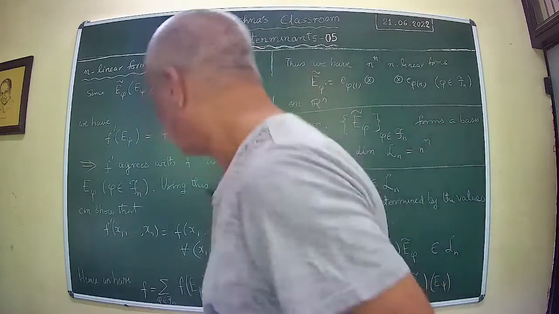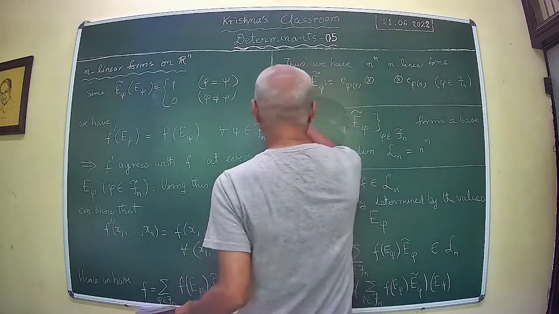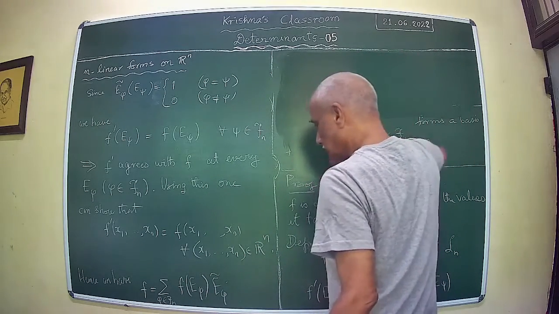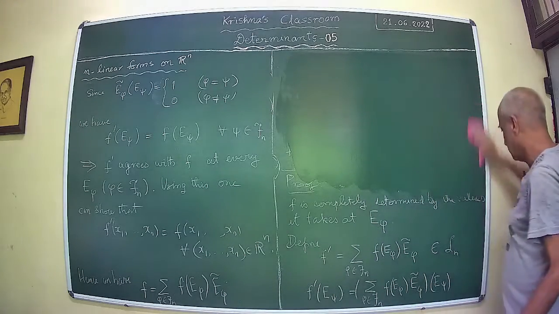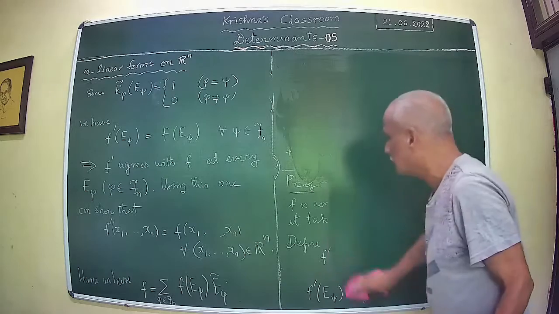Okay, so that means the collection of E phi tilde spans Ln.